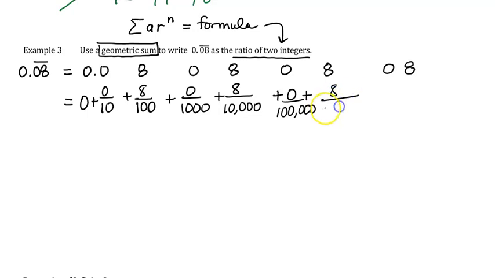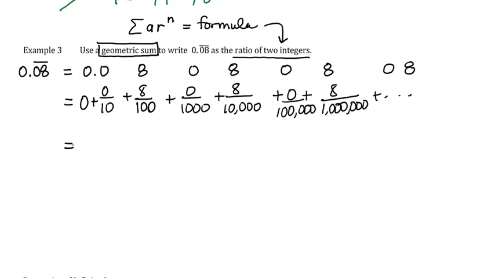I'll stop at 8 over 1 million, plus... The point here is that we do have a pattern of what these terms look like. This is a series. It's an infinite sum. So let's figure out what this pattern is. The ones that have the zeros we can completely disregard.